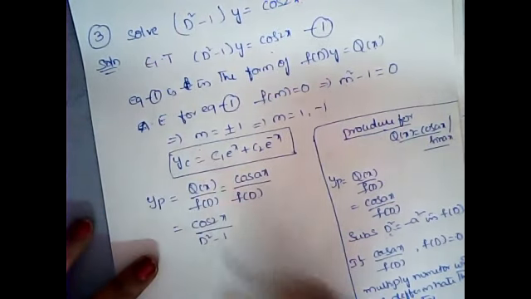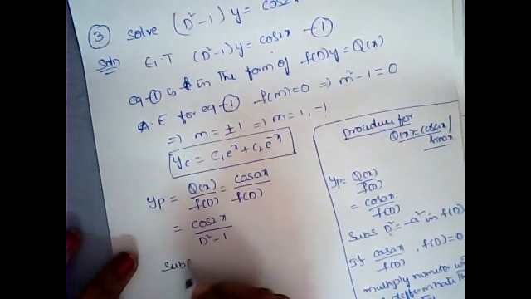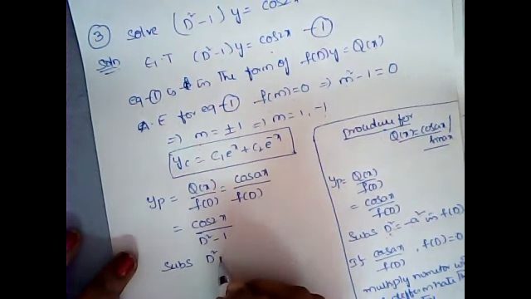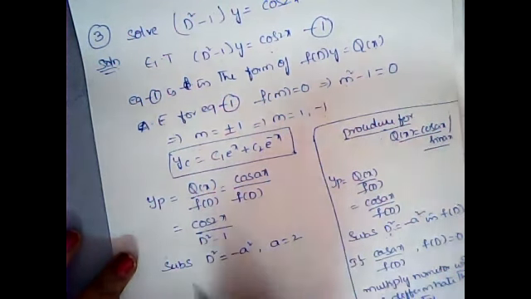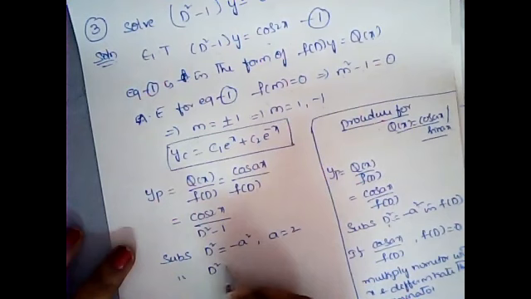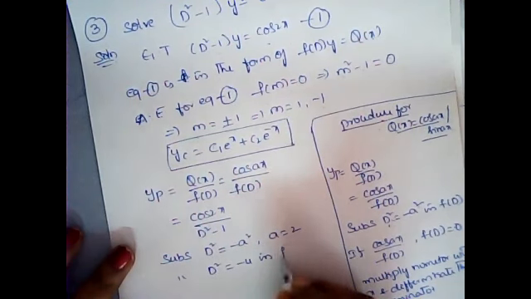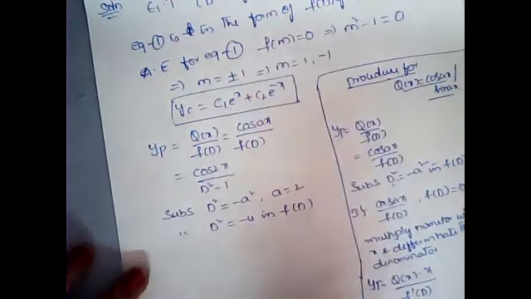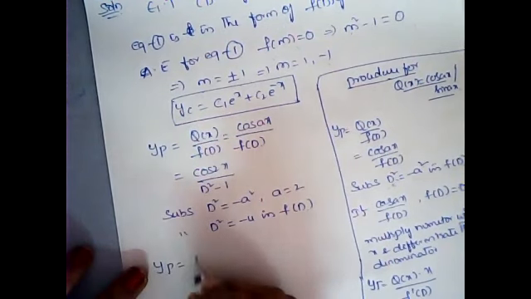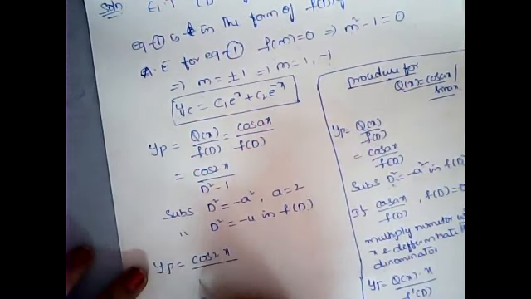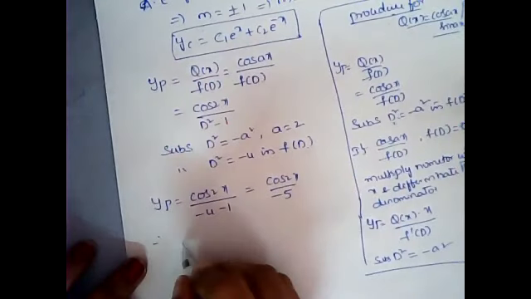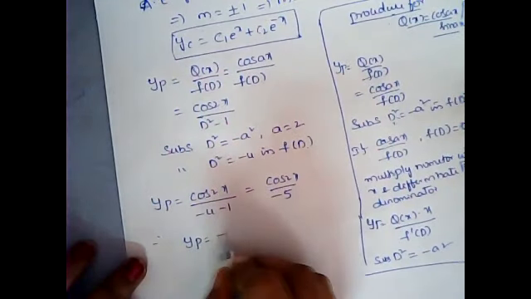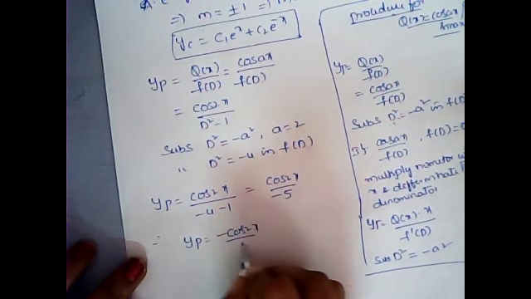We need to substitute D squared is equal to minus a squared, where a is equal to 2, so D squared is equal to minus 4 in f of D. So yp is equal to cos 2x by minus 4 minus 1, which is cos 2x by minus 5. So we got the required yp: yp is equal to minus cos 2x by 5.